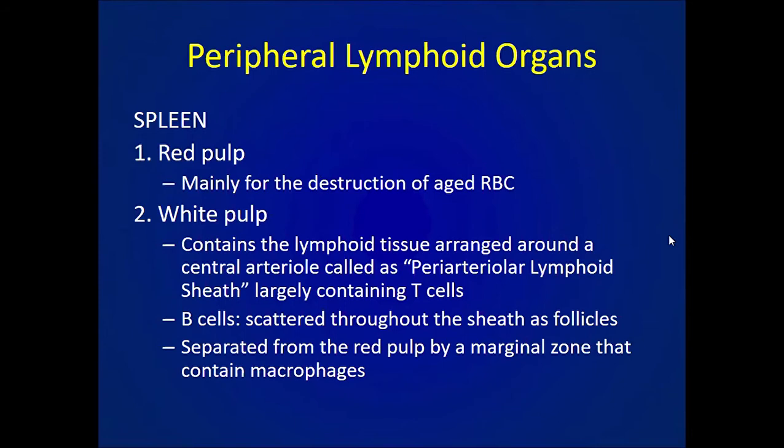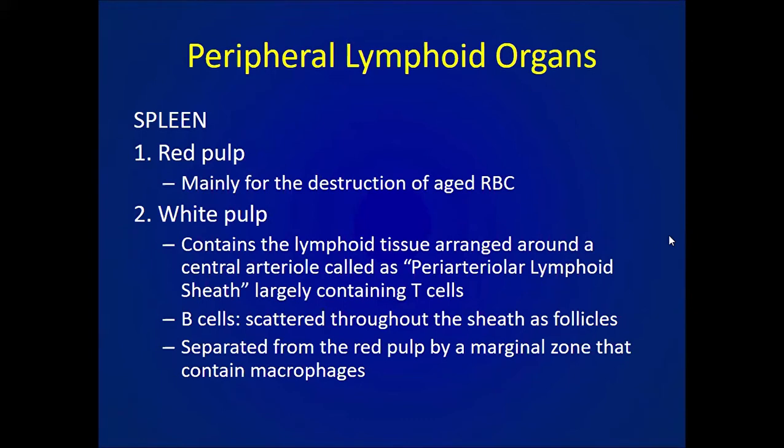Another peripheral lymphoid organ is the spleen. You know it already from your anatomy that it is located retroperitoneally. Basically, we have the red pulp and the white pulp.